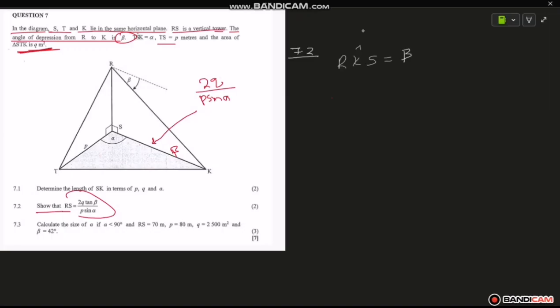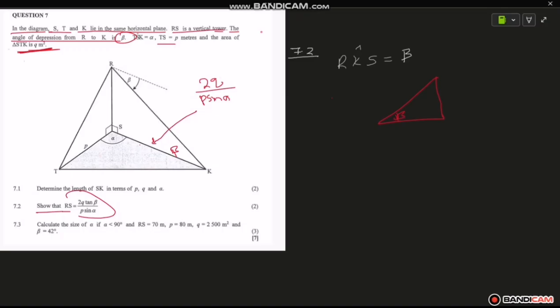Therefore, what relationship does angle B or beta have with RS and SK? That's the question that you must actually ask yourself. Why? Because you do have SK and they want you to find RS, or to show that RS equals that. Let me make a quick example.